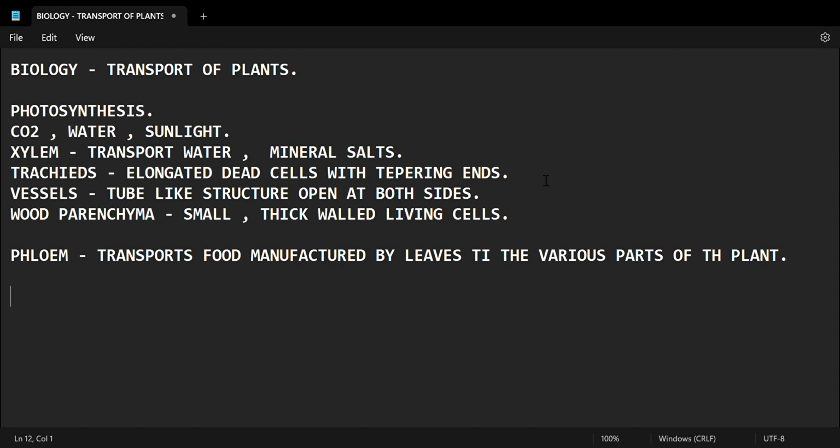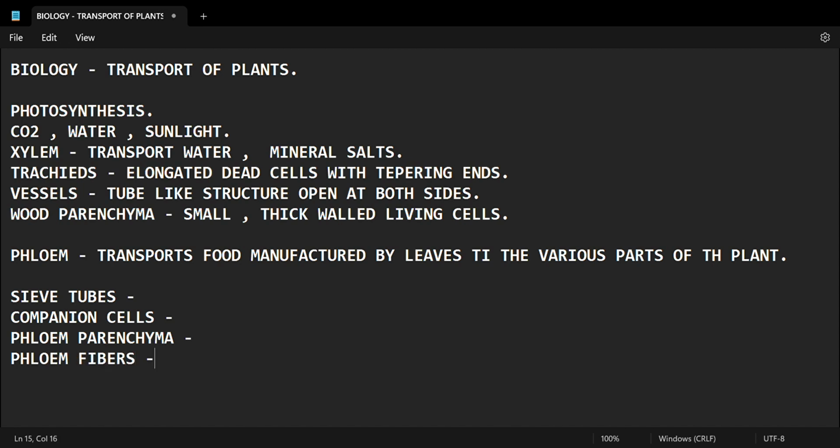The phloem tissue consists of the following four types of cells. Sieve tubes, companion cells, phloem parenchyma, and phloem fibers.